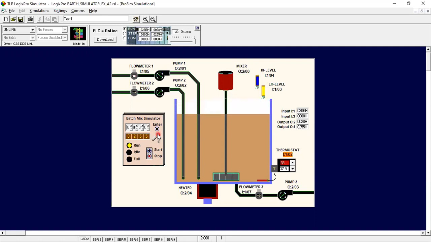When you select A, you can use the thumb wheel simulation, provide this value and enter, then you will start the process. And it's also working. You can decrease your temperature.